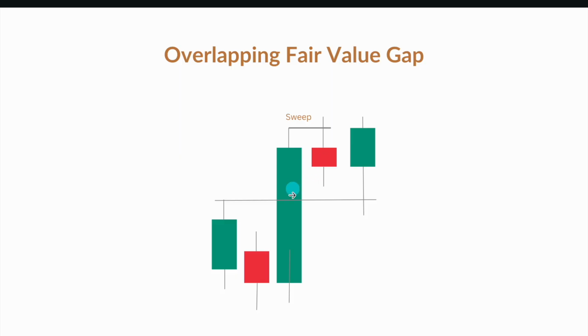In this case, where it is a fair value gap, the close of the third candle is below the high of the expansion candle, and we have a gap between the first candle's high and the third candle's low. Now if there is a swing high overlapping with this fair value area, it constitutes the fair value area.